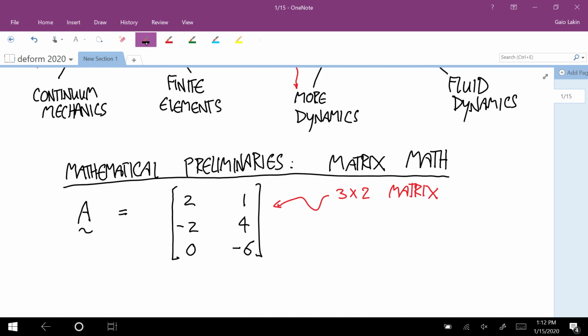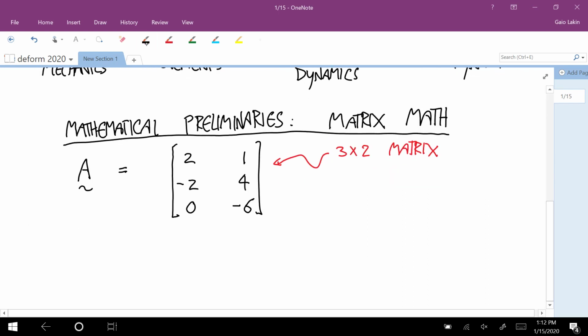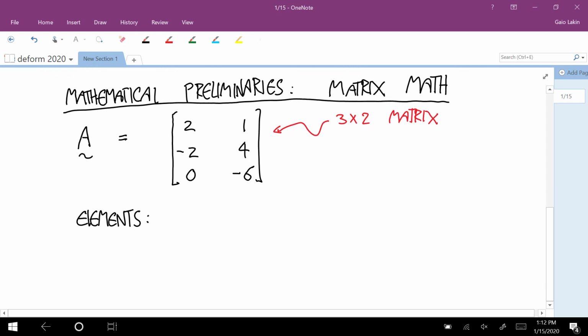And then to describe the individual elements, what people usually do is, if the matrix name is capital, the element names are that letter lowercase. And then you represent the position in the matrix by the row number and then the column number.